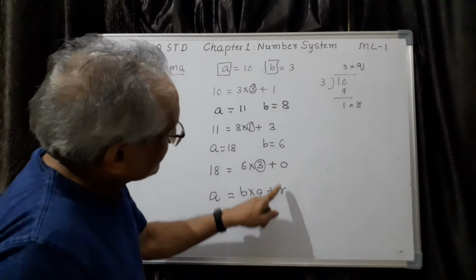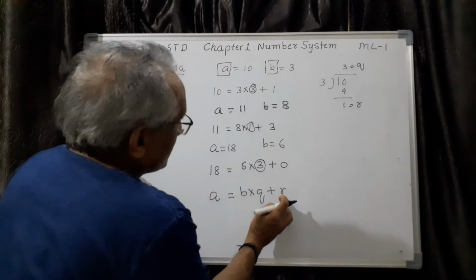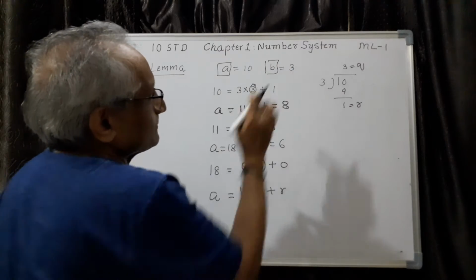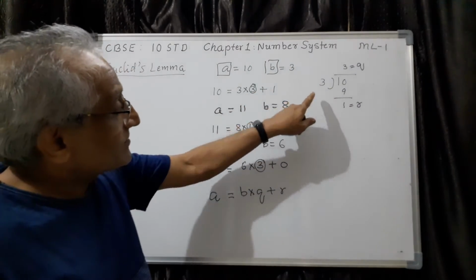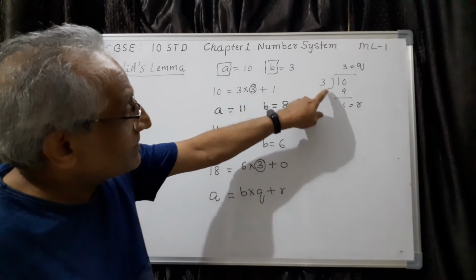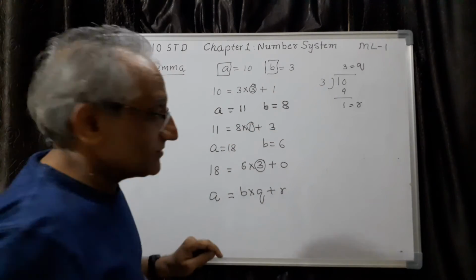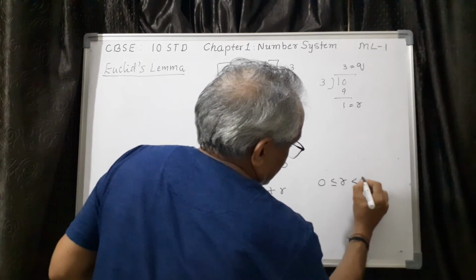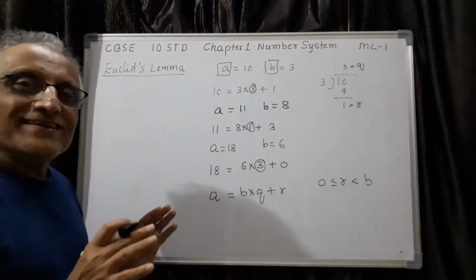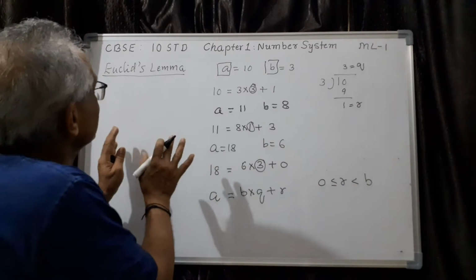And this r is always less than b, and it can be 0 also. So the condition is 0 less than or equal to r less than b. This is called Euclid's lemma.